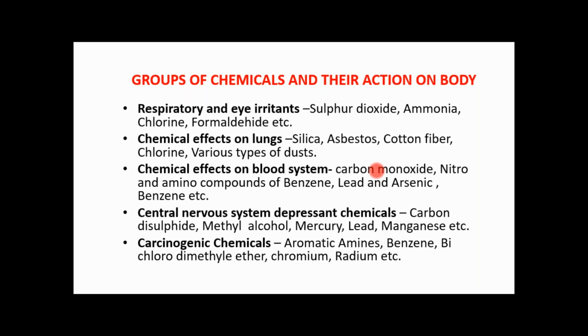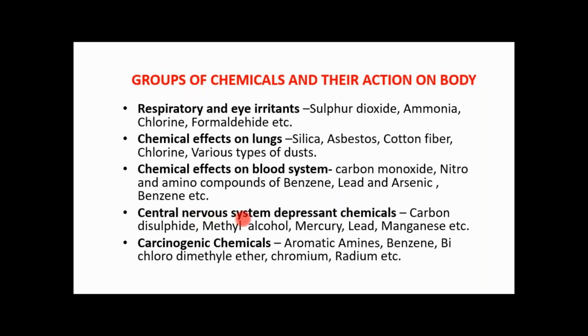And other chemicals like nitro and amino compounds of benzene, lead, arsenic, benzene. All these chemicals directly react with the blood systems or with the hemoglobin. So all these are toxic and poisonous chemicals. And some of these chemicals can enter your body or your blood system through the skin also.